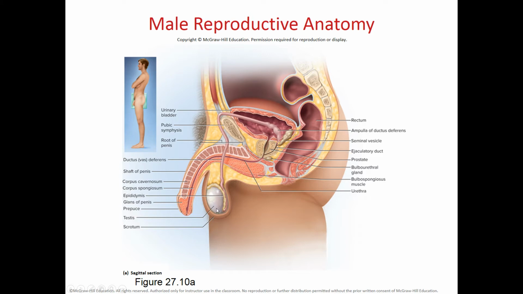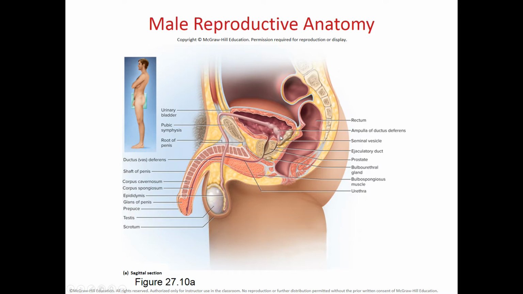So the sperm cells travel into the epididymis to be matured, and then the epididymis continues with this long tubule that we call the vas deferens or ductus deferens. This tube will transfer the mature sperm cells from the epididymis into this enlargement of the ductus deferens that we call the ampulla of ductus deferens.